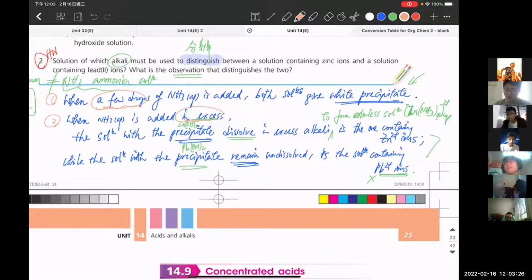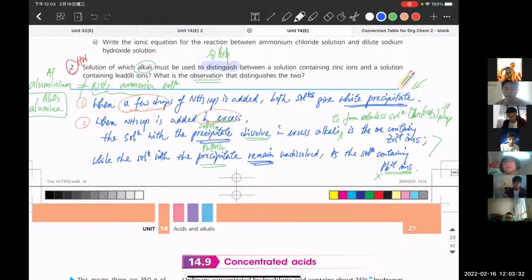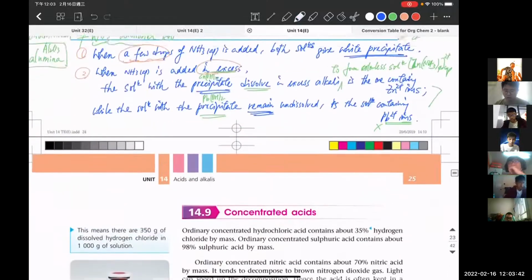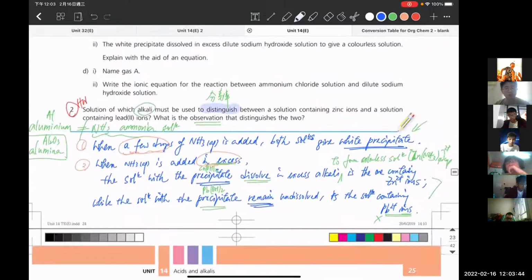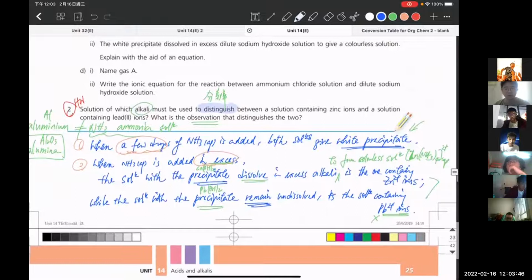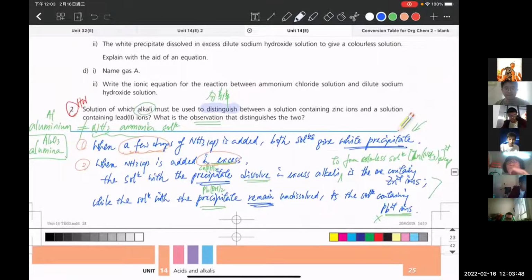So this is what the questions about the distinguish. Any questions? Now we will have that practice in the coming lesson as well. So we stop at this part. Any questions so far?